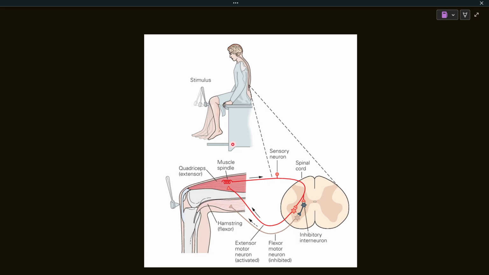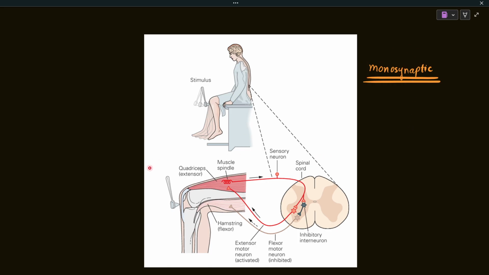In this reflex arc there's no involvement of the brain, only your spinal cord is involved. This knee jerk reflex is a monosynaptic reflex arc. Monosynaptic means there is only one synapse, only one connection formed between neurons.